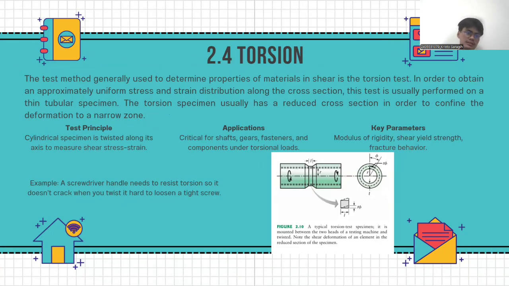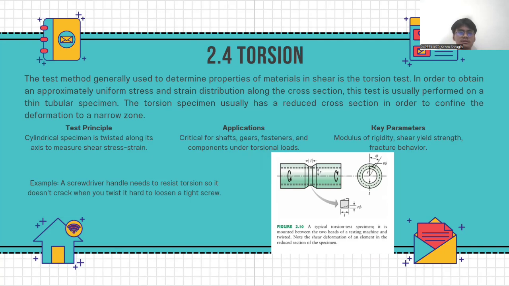Torsion. The test method generally used to determine properties of material in shear is the torsion test. In order to obtain an approximately uniform stress and strain distribution along the cross-section, this test is usually performed on a thin tubular specimen.